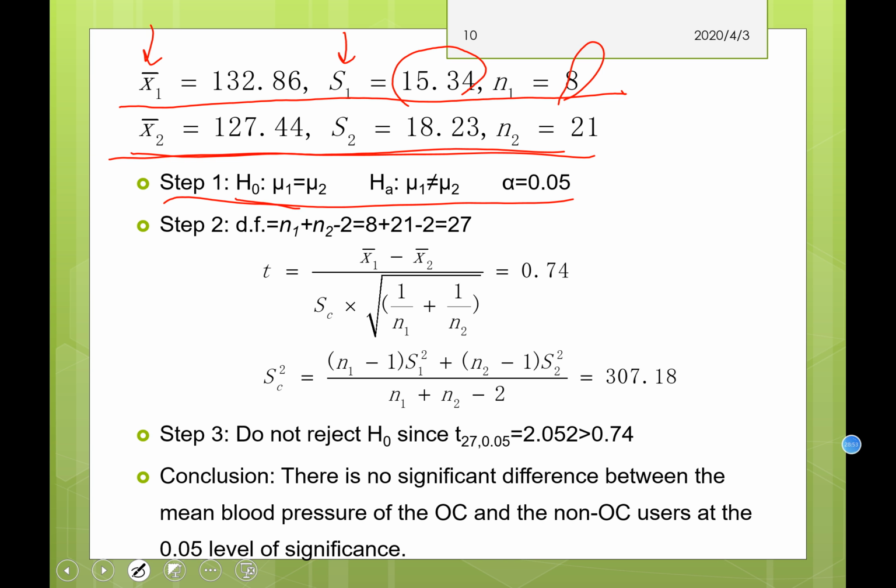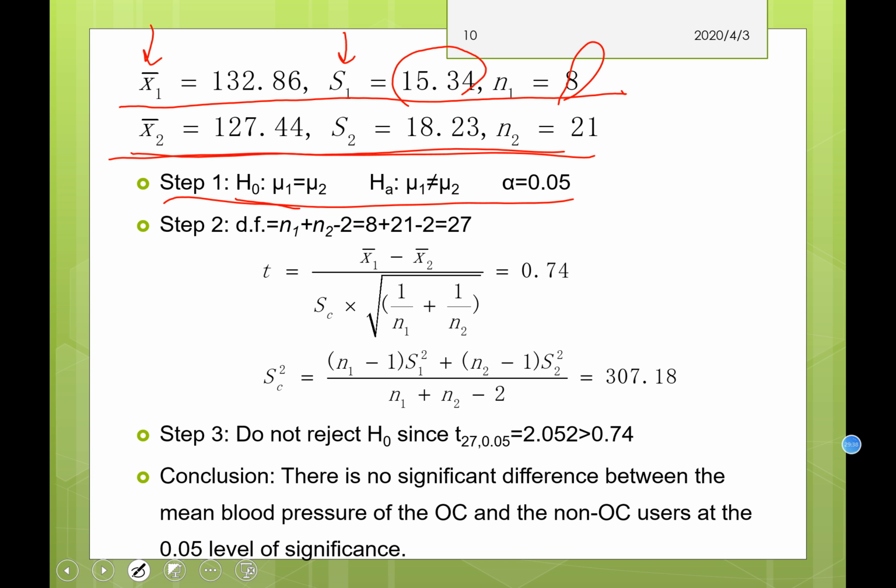For H0, we have two samples in the question, so we have two underlying populations, and we want to know if the two populations are the same. So we use mu1 to represent the first population, and mu2 the second population. So H0 is mu1 equals mu2, and HA is mu1 is not equal to mu2. Alpha equals 0.05. This is step 1.